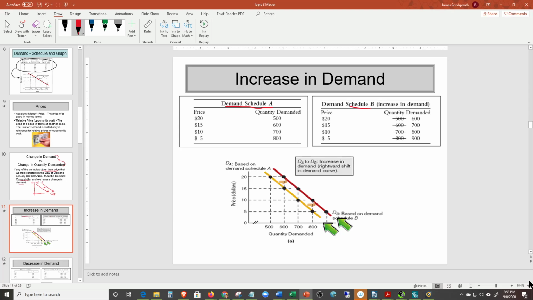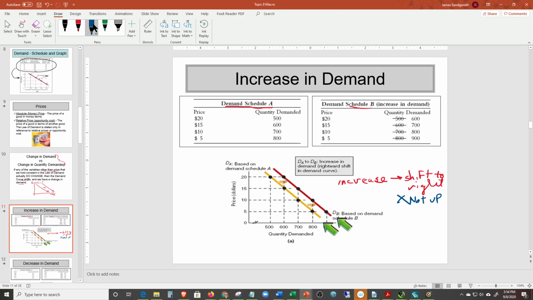Economists, including myself in the textbook, will always talk about an increase in demand as being a shift to the right. And what I'm doing here is putting a big X here, not a shift up.